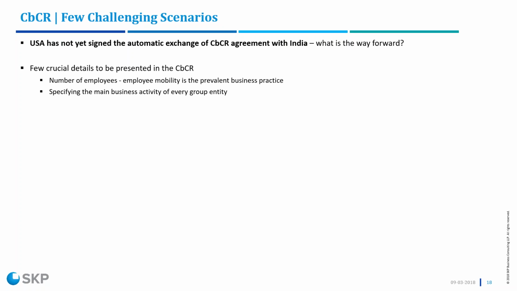We have a number of what we call business associates. So what is it that we disclose in the CbCR? Do we disclose it on an average basis? Do we disclose it on a yearly basis? Because if we do it on a yearly basis, it's going to reflect a clear picture, given the fact that employee mobility is so high that people actually move on a daily basis. So I think that's been a biggest challenge.